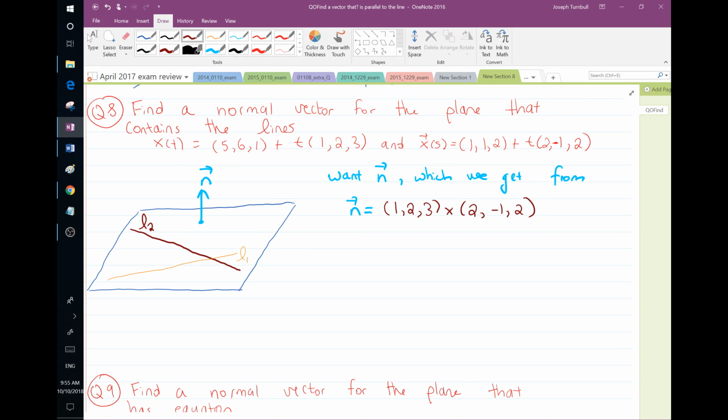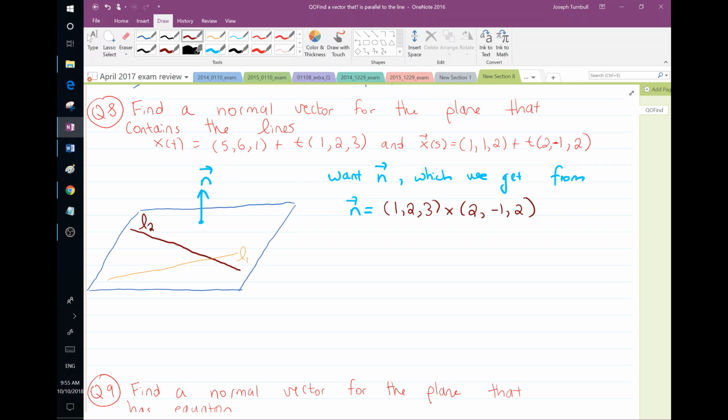Now the first input vector, 1, 2, 3, is a vector in the direction of line 2 and in the plane, pointed in the same direction as the plane. And then the same with 2, negative 1, 2. That's also something that's in the plane.